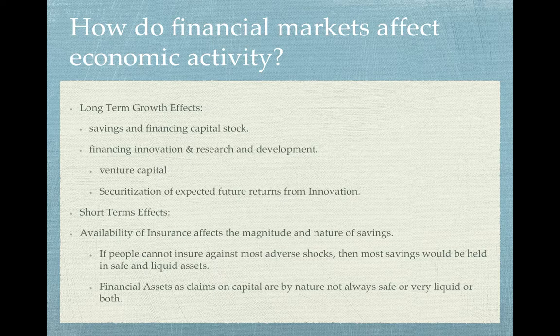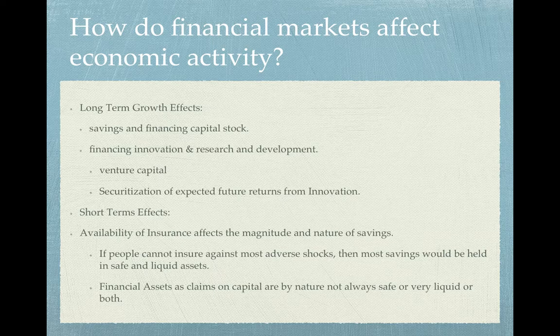So, availability of insurance affects the magnitude and nature of savings. For example, if there is no insurance available, then I will have to self insure, which means that I will have to save a lot in order to insure against negative consumption shocks.